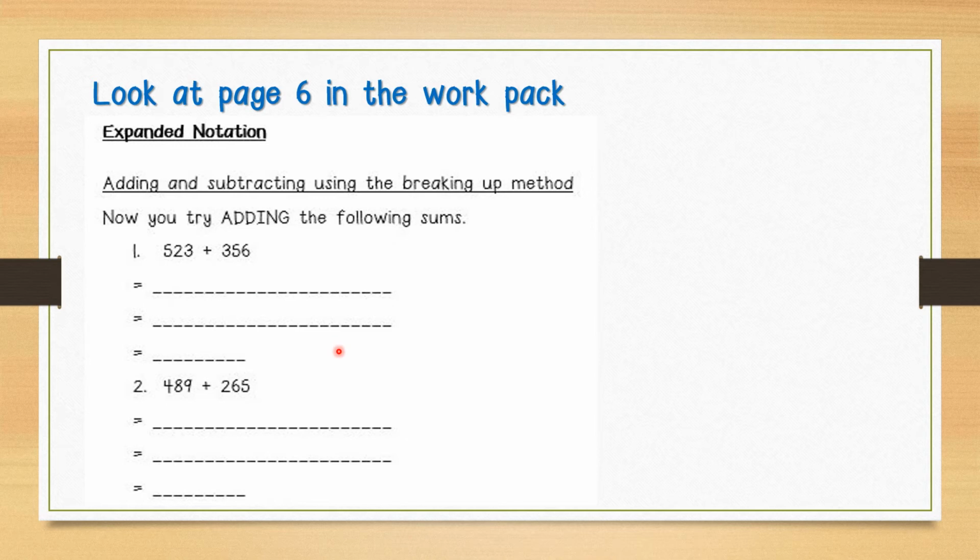So we've got number 1 is 523 plus 356. So if we use the breaking up method in the steps, step 1 is we have to break up the numbers into hundreds, tens, and units. So 500 plus 300 plus 20 plus 50 plus 3 plus 6.